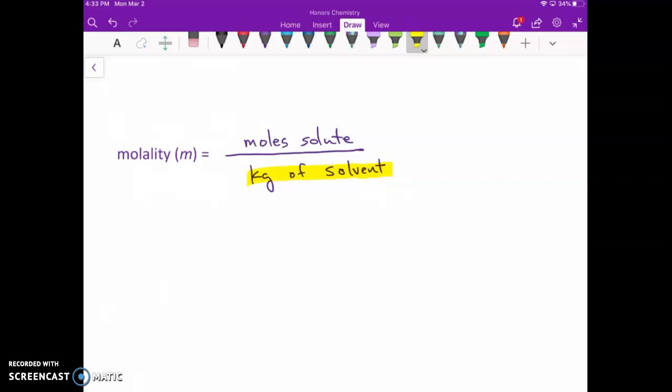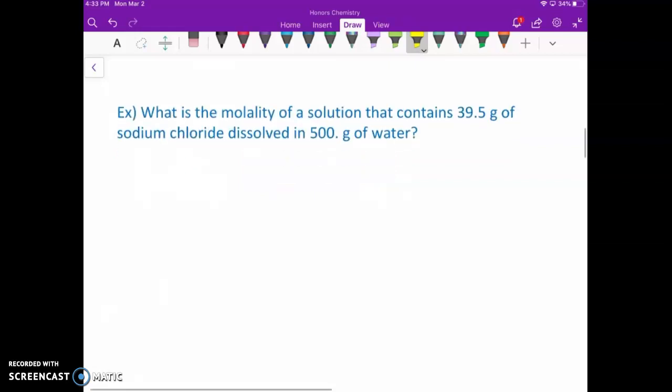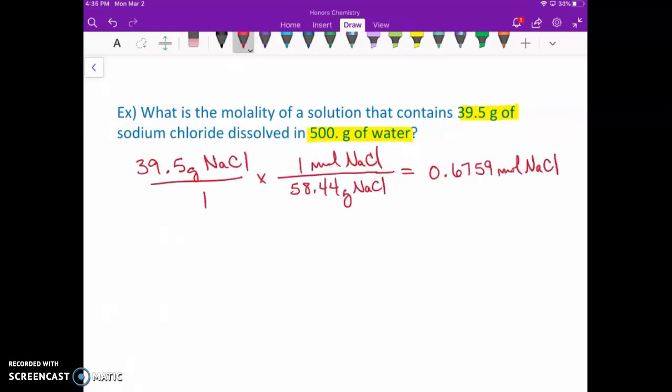So let's take a look at an example problem where you have to calculate molality. If I have 39.5 grams of sodium chloride dissolved in 500 grams of water, the first thing I have to do is change my 39.5 grams of sodium chloride to moles. Using the periodic table, I changed it to moles. That's my solute, that's what's going to go on top. The next step is to change my 500 grams of water into kilograms, because that's my solvent.